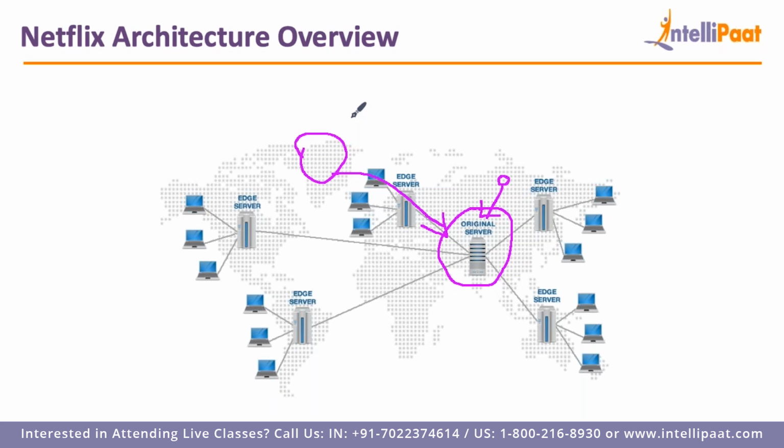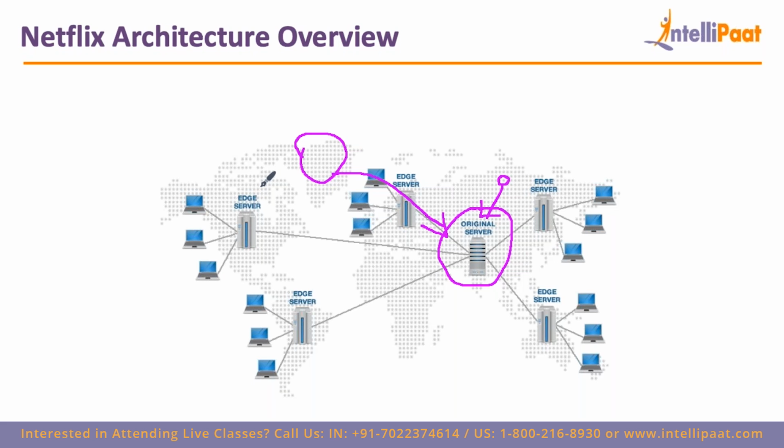Okay. So, how do you go ahead and give your content in the same response time possible, irrespective of the fact that the customers are living in different locations of the world? Now, one thing that you can do is deploy a server in each and every country, right?